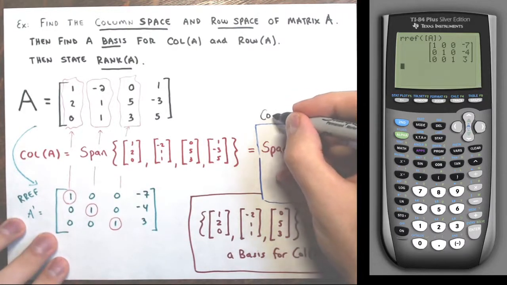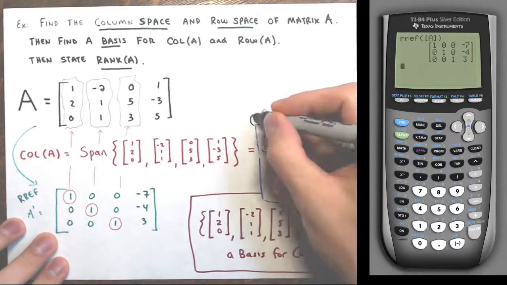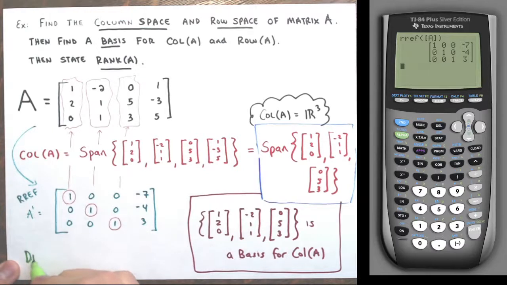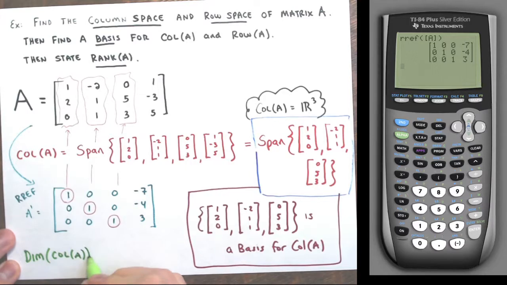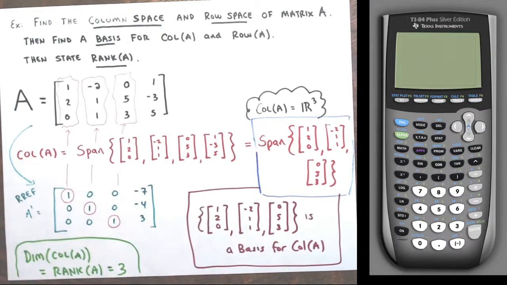So you could also have said that the column space of A is all of R3. And what's the dimension of the column space? It's 3, right? And that's the rank. The dimension of the column space of A, that's the rank of A, right? That's 3. All right, we're going to see the same number come up in a second here when we talk about the row space.